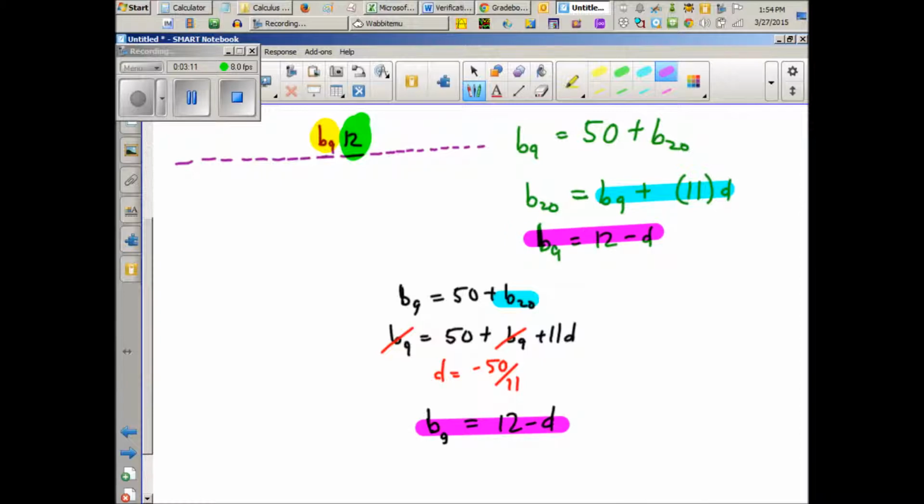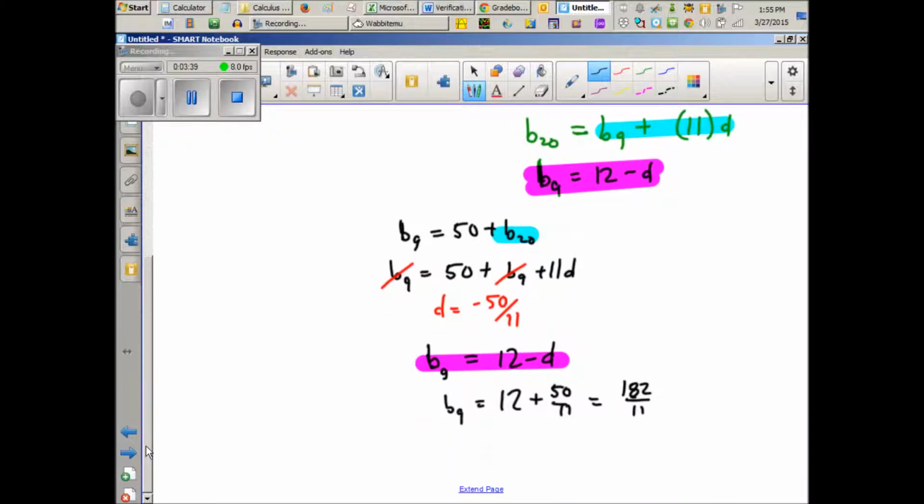We just found D, which is negative 50 elevenths. So this comes out to be 12 plus 50 elevenths, or 132 plus 50, so 182 over 11. Not a very friendly B9.